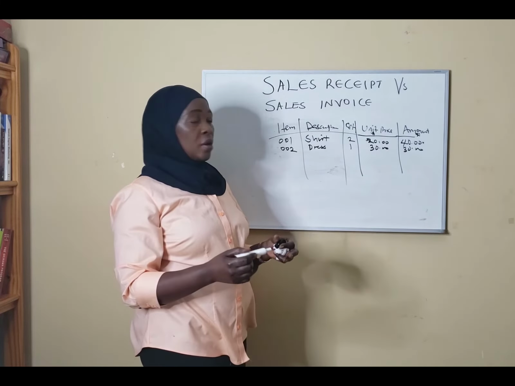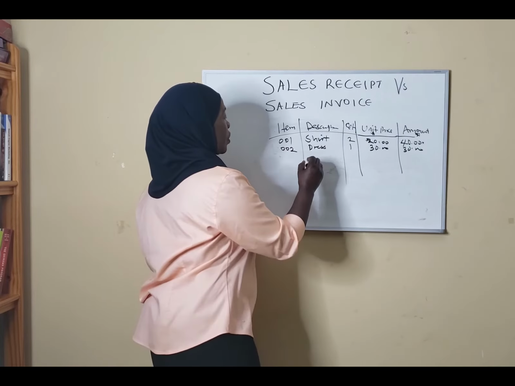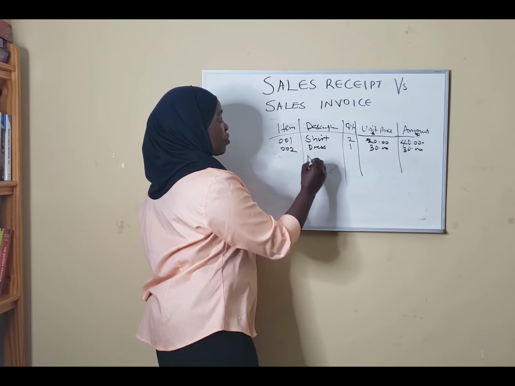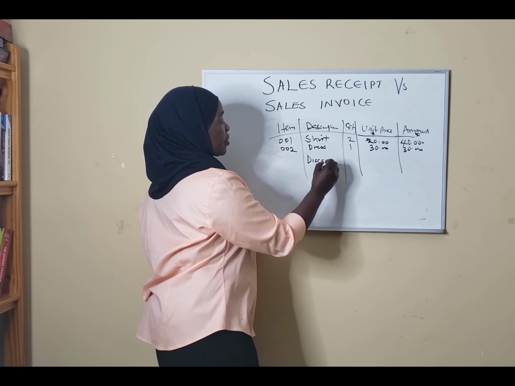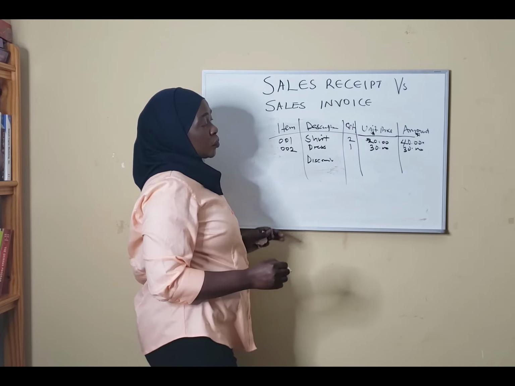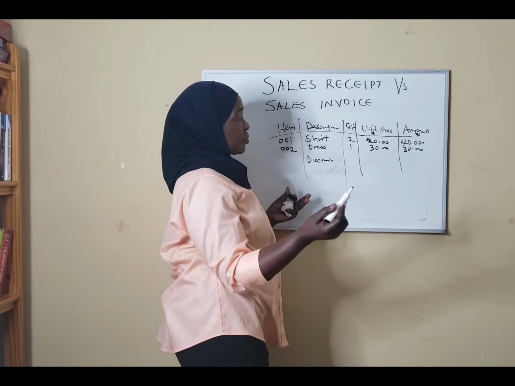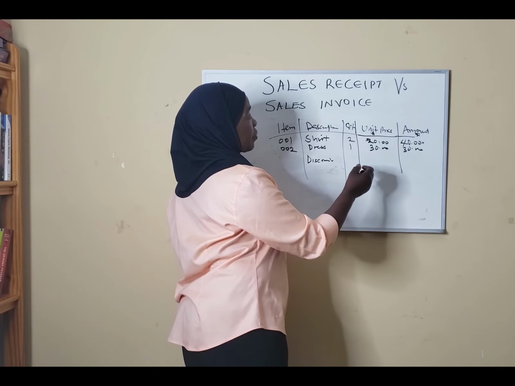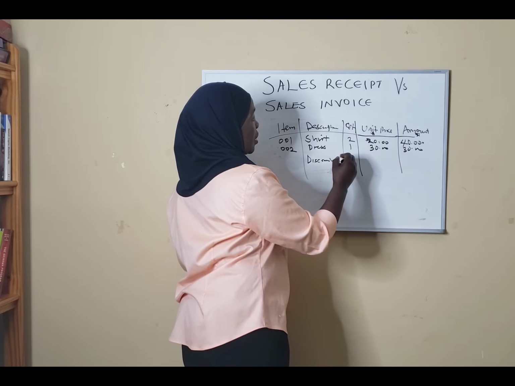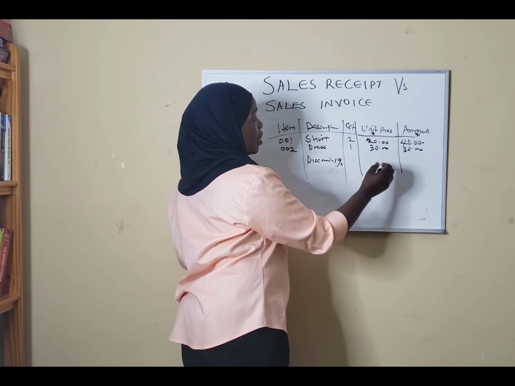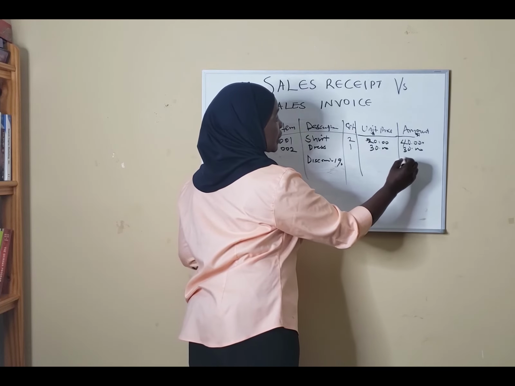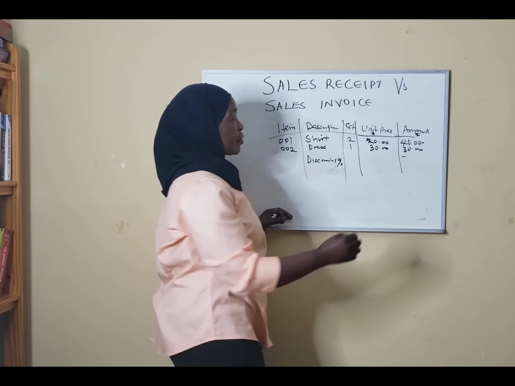But let's assume maybe you gave a discount. This might be an item that you may find on a receipt. Discount. And the discount could be maybe you offered them these items on sale 10%, and that's $7. The discount is deducted.